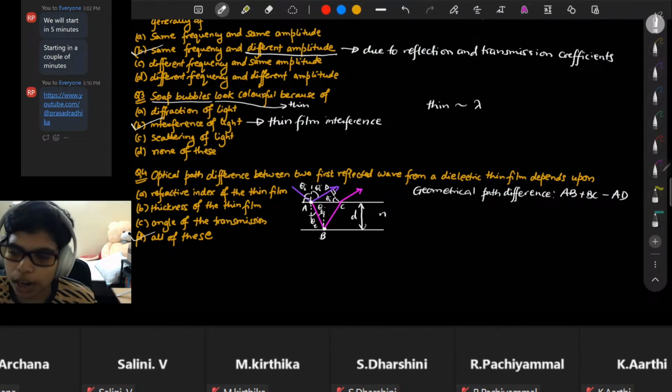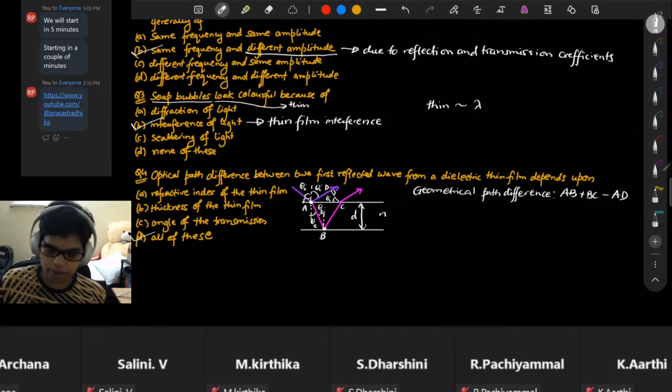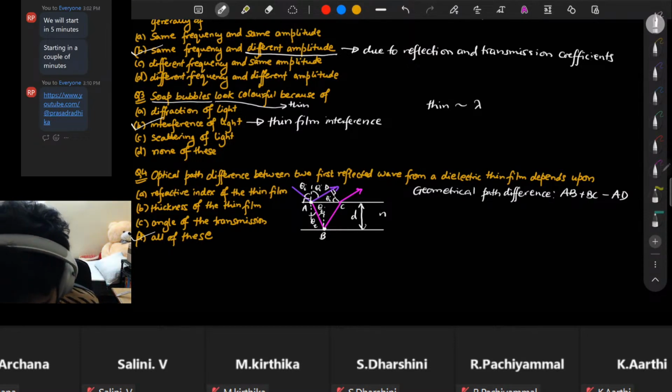And up until point A, since it was just the incident beam, they were again in phase. So the only path difference that is coming is AB plus BC for the pink ray and AD for the purple ray. So the difference would be AB plus BC minus AD.